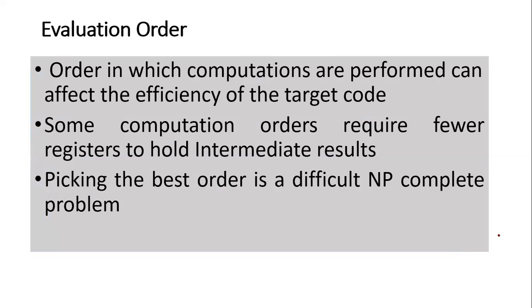Some computation orders require fewer registers to hold the intermediate results. If some computation result is already available in the accumulator, then once again transferring and storing it in some other register is not needed. Directly you can compute. Rearranging will make efficient use of registers, and thus efficient code.